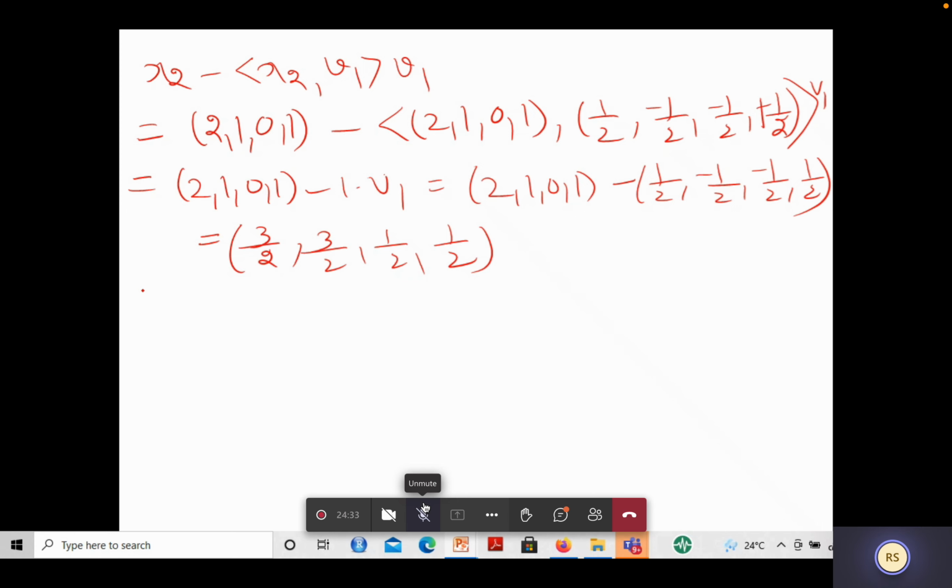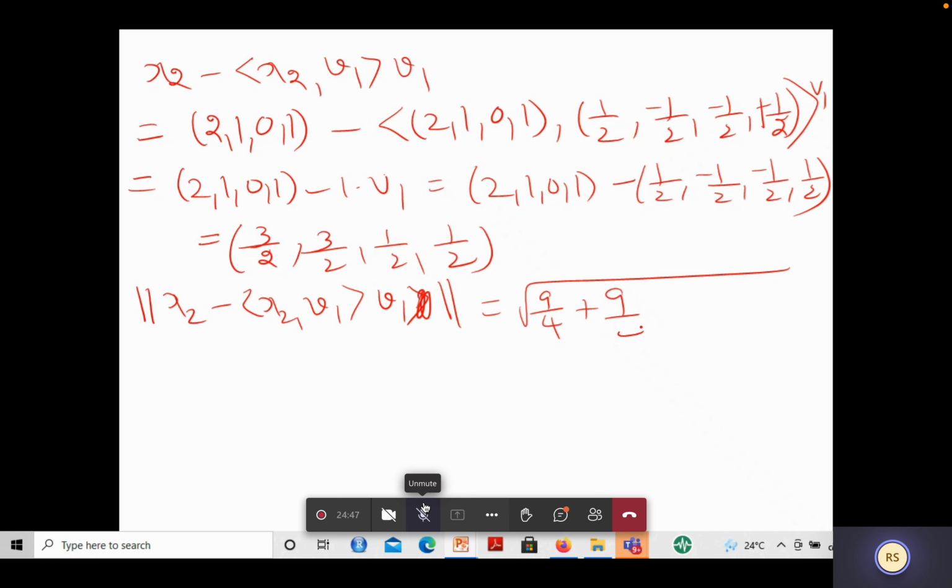So now the norm of this vector. Shall I write the norm directly? What is the norm? Root of the square of each of the terms added. Just square each term, because dot product is what's happening. Plus 1/4 plus 1/4. 18 plus 2, 20.